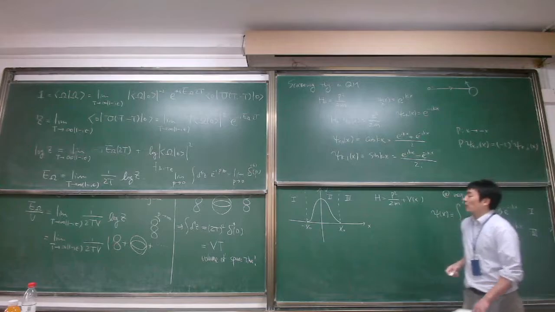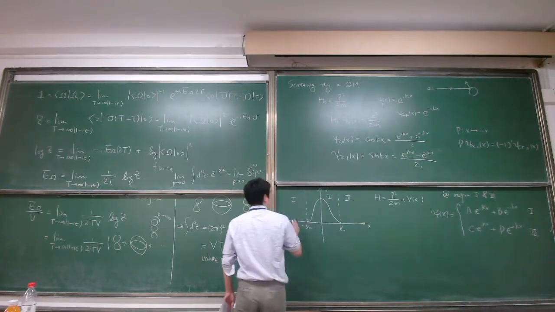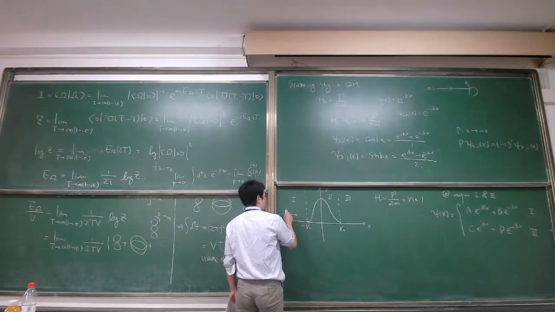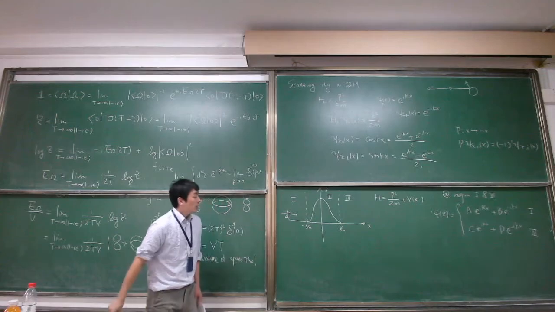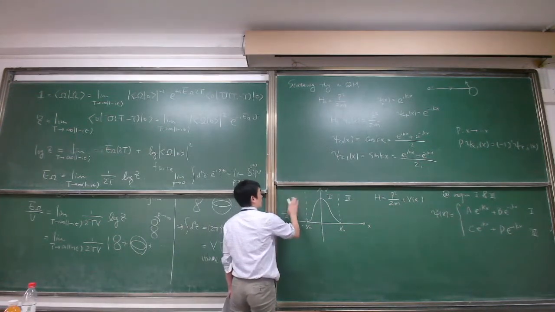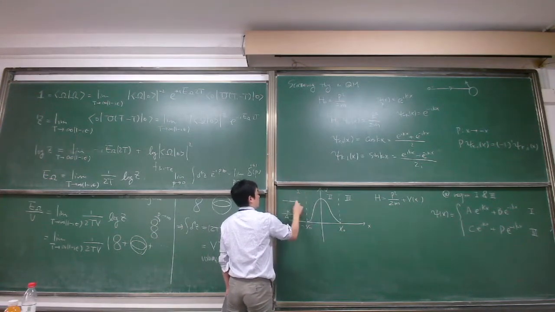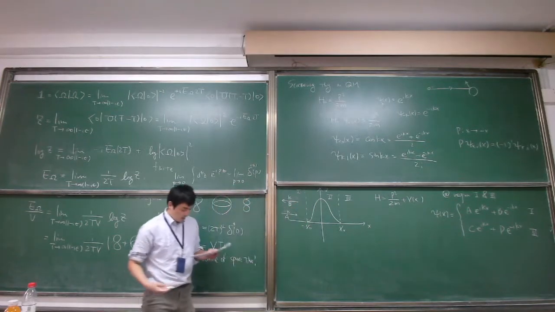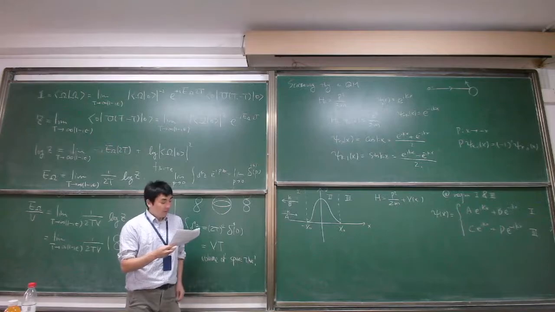And then we can treat A as some kind of a wave function that is incoming, with wave number k. This is the amplitude of the incoming wave, and B can be understood as the outgoing, the amplitude of the reflected wave.